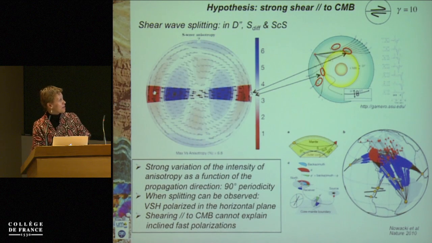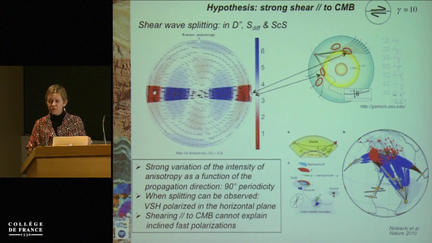And the first thing you see is that you have a very strong variation in the intensity of the anisotropy with a periodicity of 90 degrees: from very low anisotropy, strong anisotropy, low, strong, low, strong. What we also see is that if you look in the strong anisotropy regions, the fast polarized shear wave is polarized parallel to the core mantle boundary.